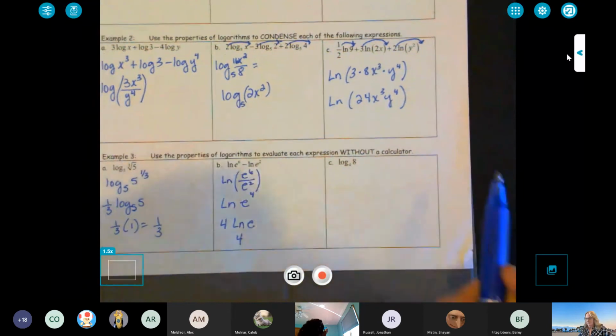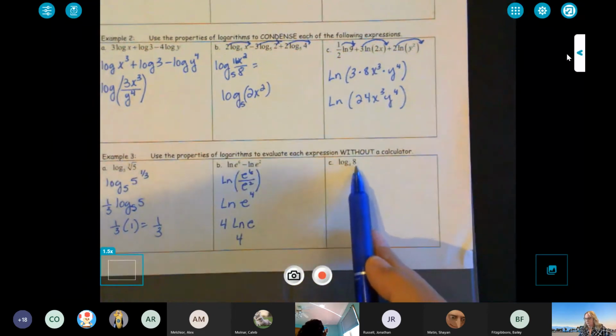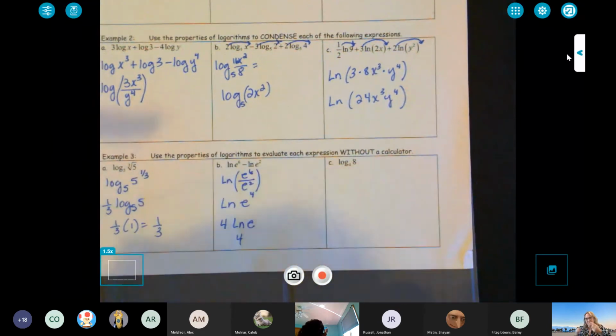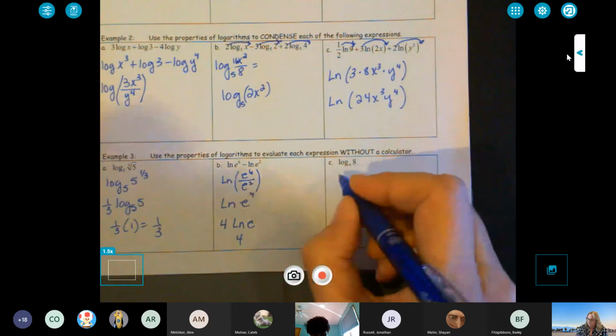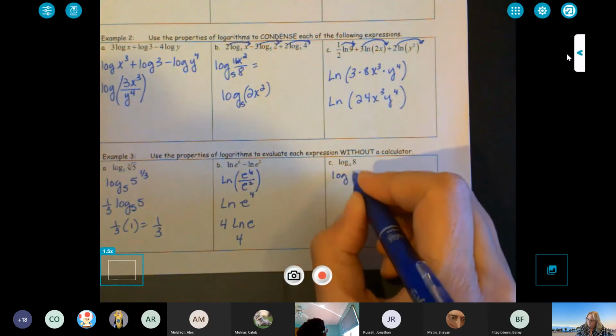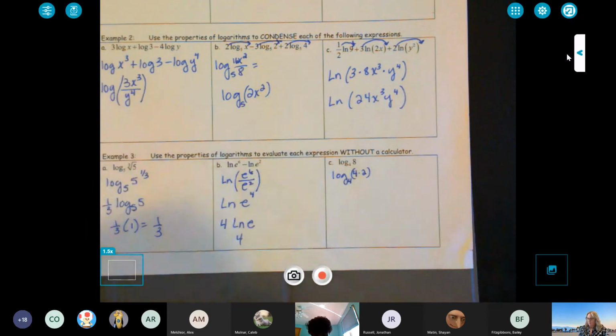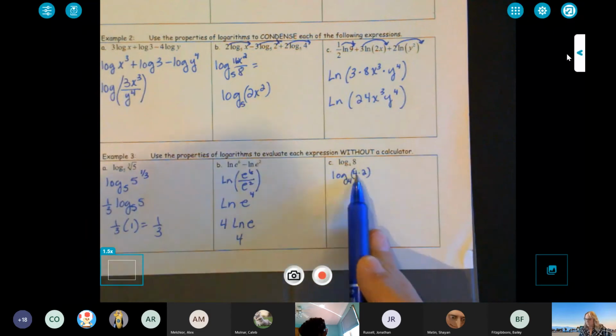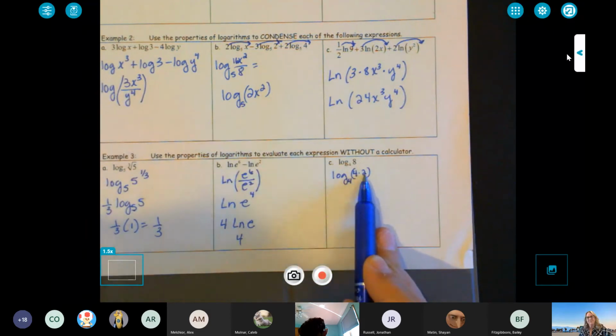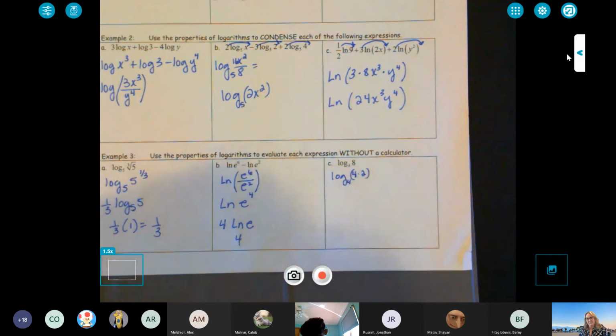All right. Now, we did these before by changing it to exponential form and making the bases the same and solving. That would work. Or I can use a property. Now, why would I want to change that to 4 times 2? Because 4 times 2 is 8 for 1.